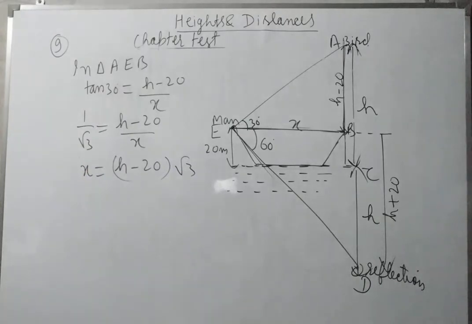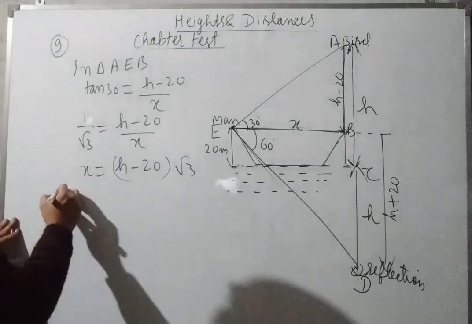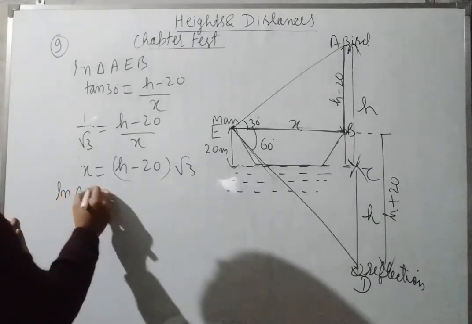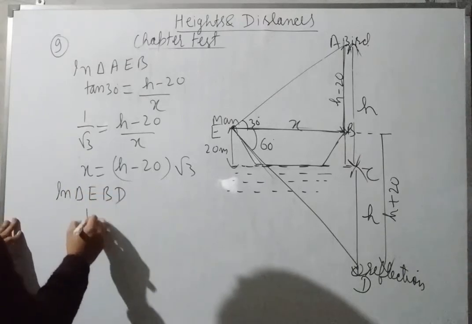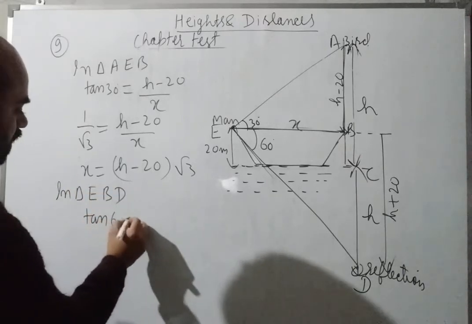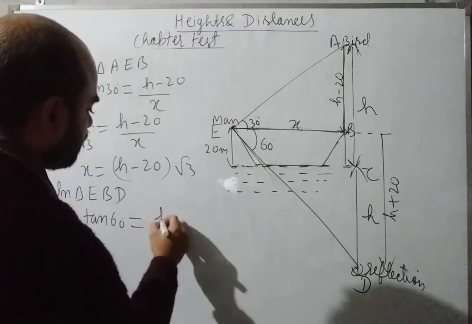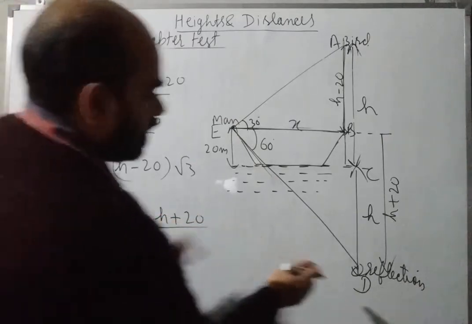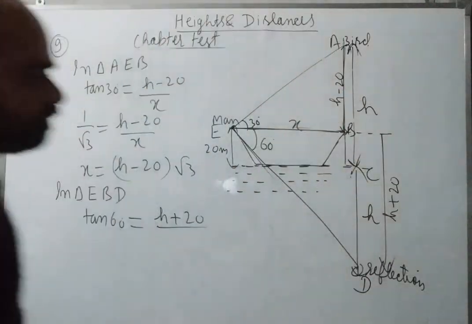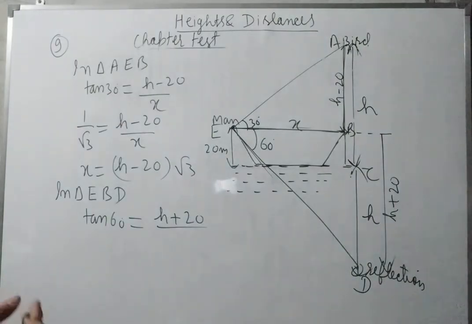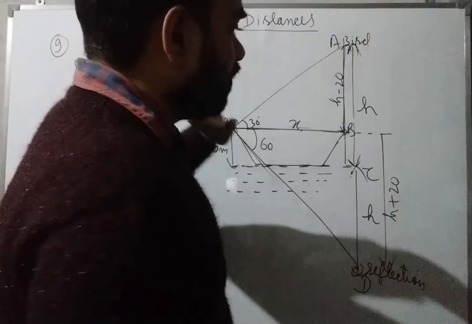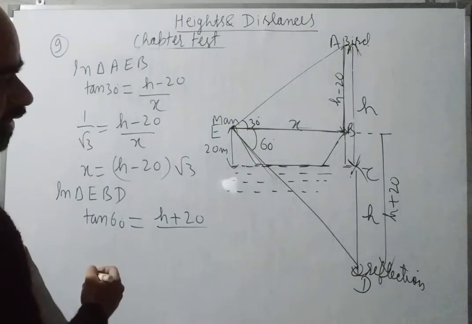Second triangle we can take triangle EBD. In triangle EBD, what is tan 60 degree? Again perpendicular upon this, that is h plus 20. Correct? H plus 20. Okay. Height of the bird means from the water level we have to take the height. So tan 60 is h plus 20 upon x.